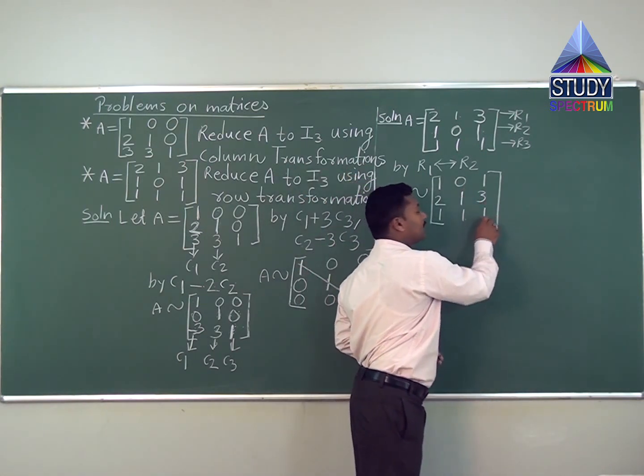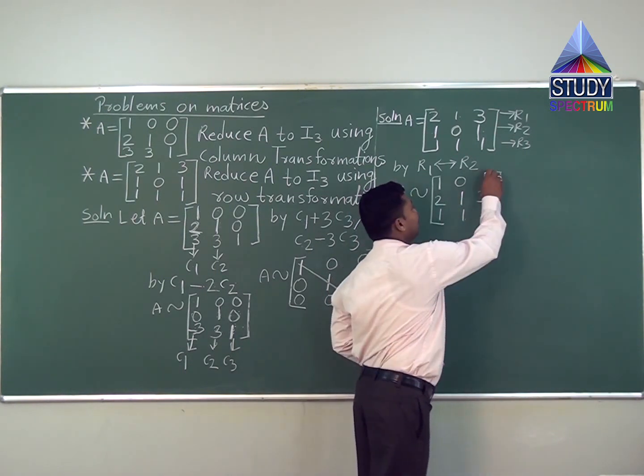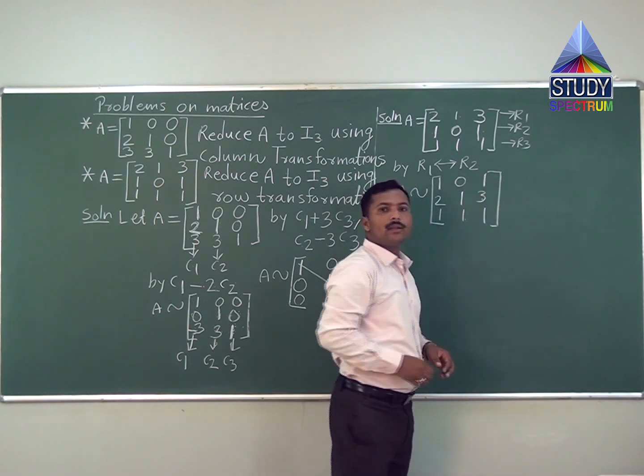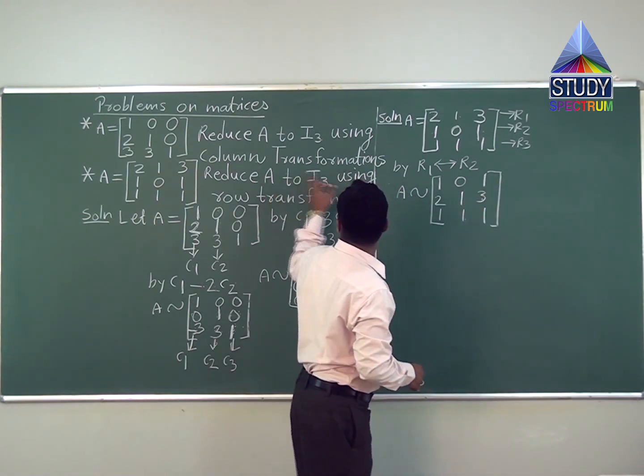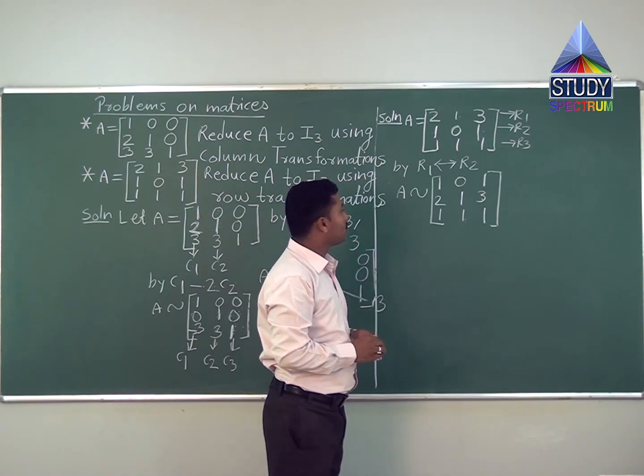And using the last, third diagonal number, make the two numbers above it 0 using row transformation. This is the simple idea for row transformation.